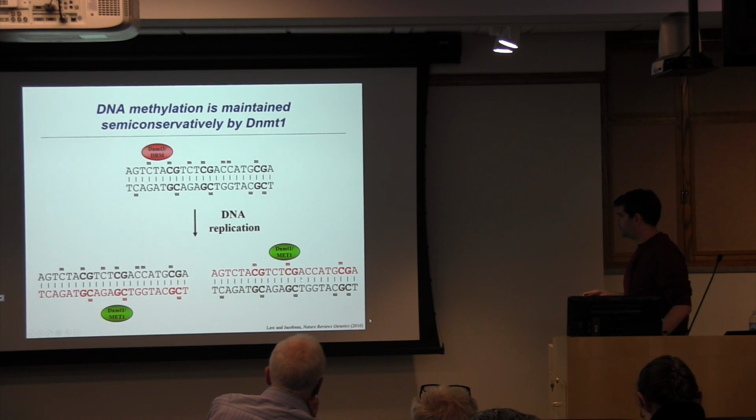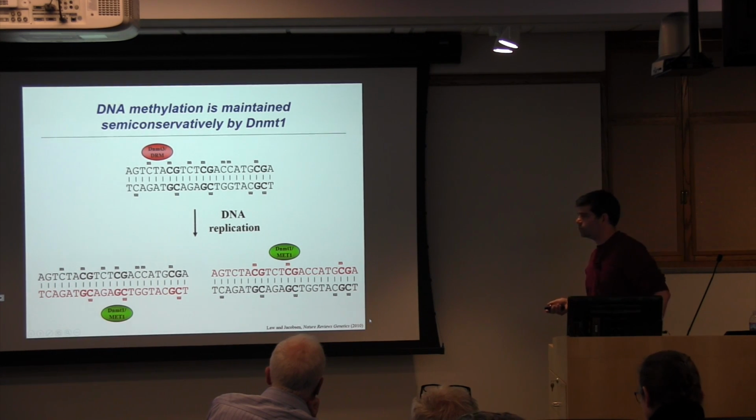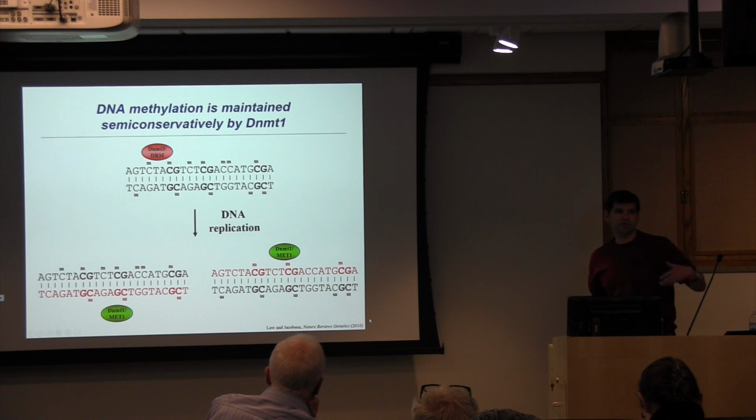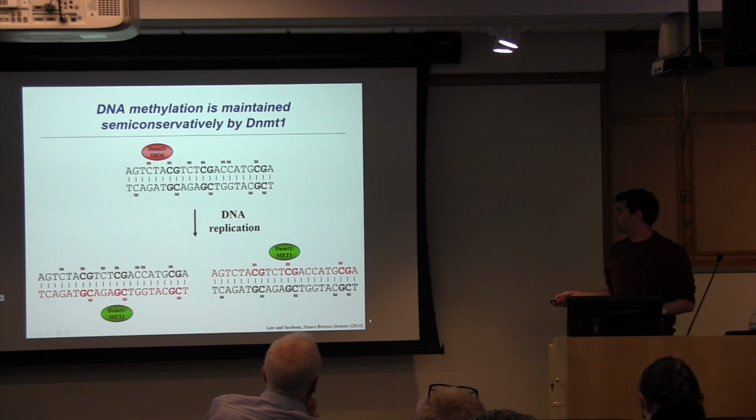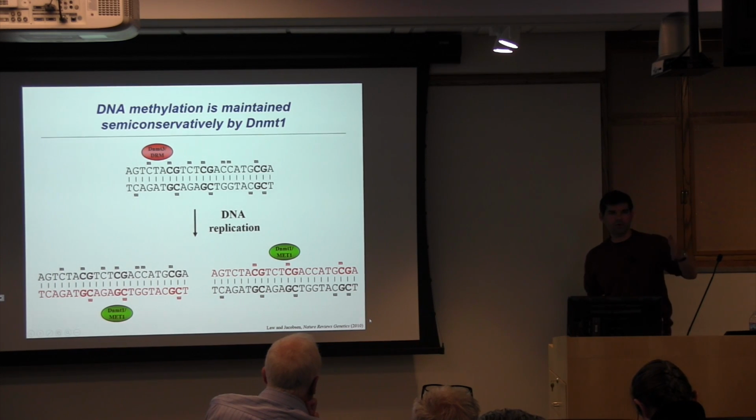And because these sites are symmetrical, this catalysis essentially allows semi-conservative inheritance of DNA methylation patterns every time the DNA is replicated. And this is the core catalytic process that, as far as we know, makes DNA methylation epigenetic. So this allows for the methylation patterns to go through mitosis, and at least in plants, to go through meiosis very effectively.